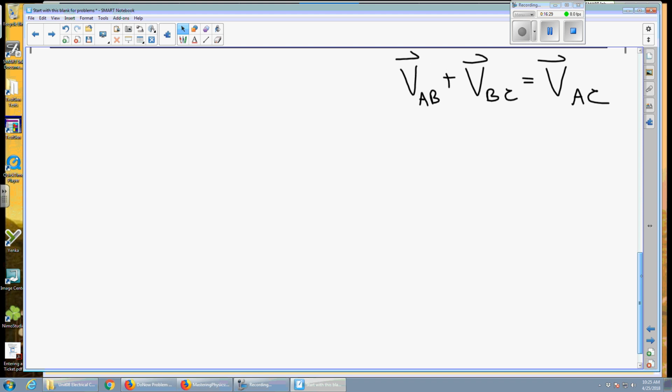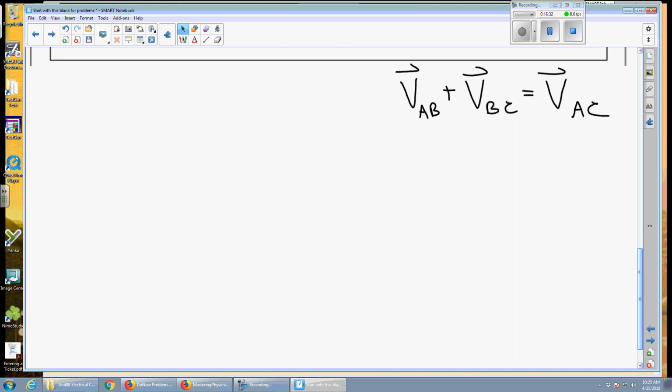And for me, the way I keep that straight in my mind is I'm saying that the velocity of the robin with respect to the air plus the velocity of the air with respect to the ground has to equal the velocity of the robin with respect to the ground. Remember, the insides have to agree subscript-wise, and I end up with the outsides. So that's mathematically how I'd write it.